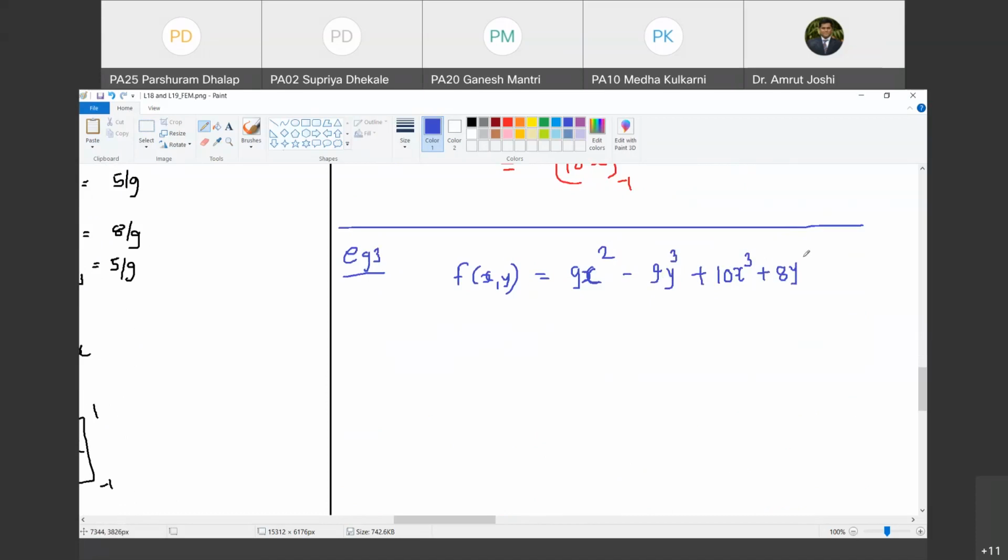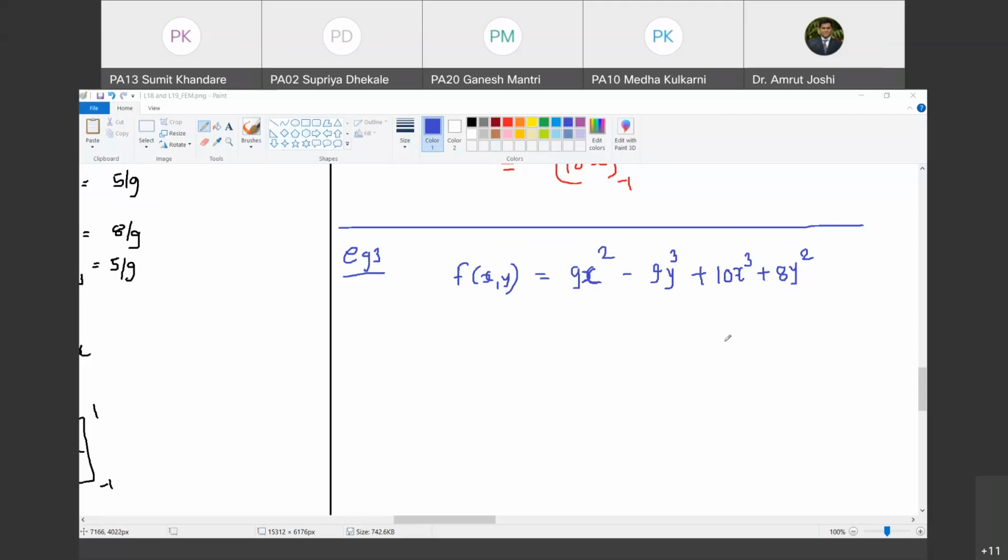Are you with me? Now, f of x, y is 9x square minus 9y cube plus 10x cube plus 8y square.